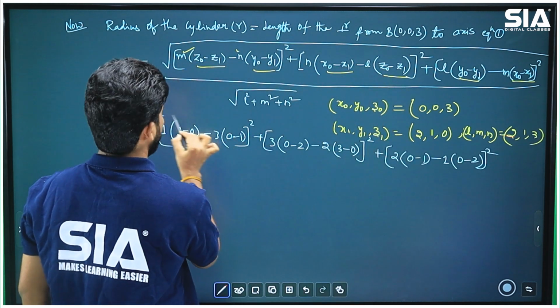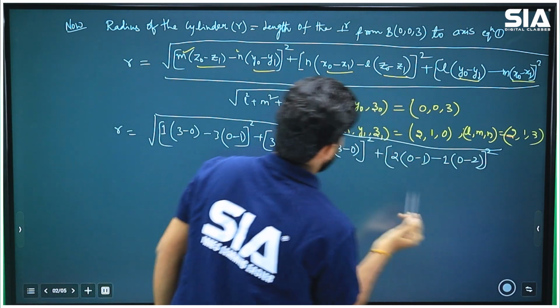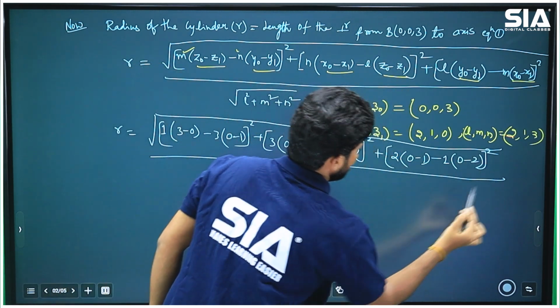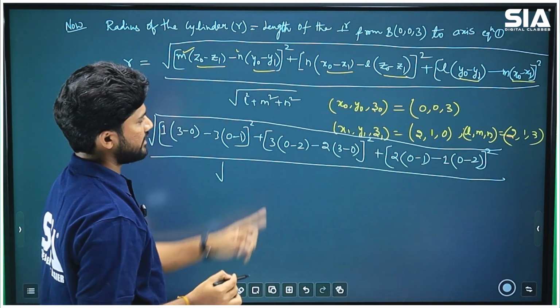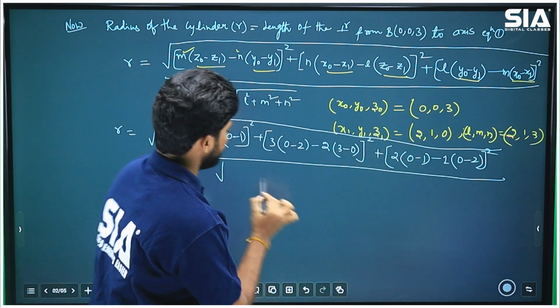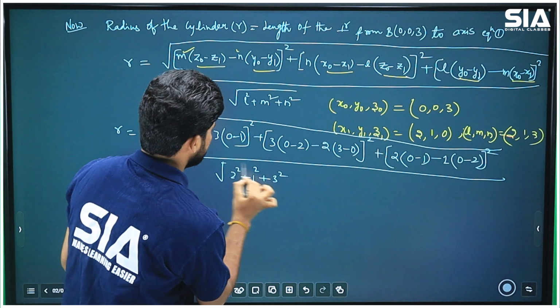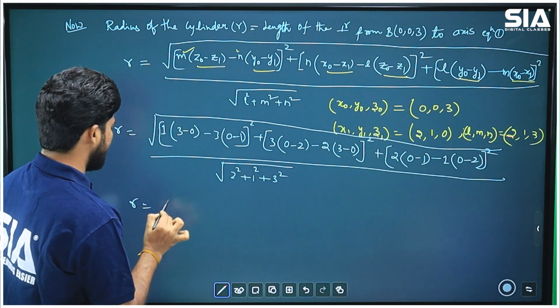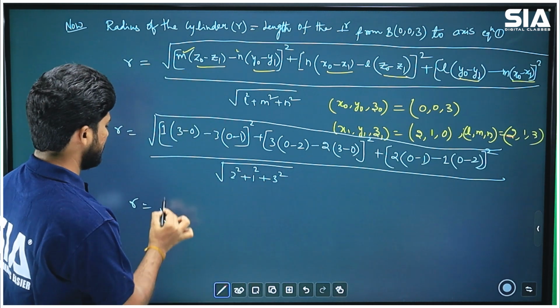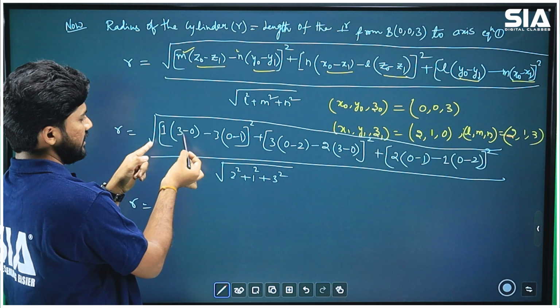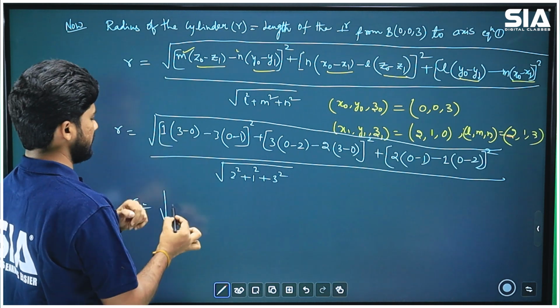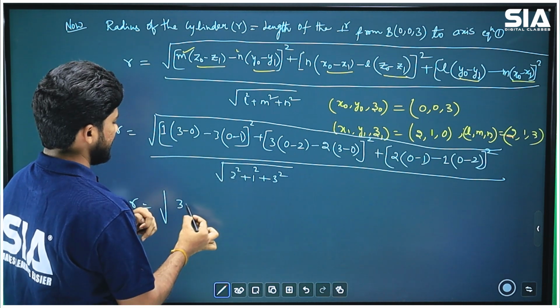So this is the numerator only, all divided by the square root of l square plus m square plus n square, that means 2 square plus 1 square plus 3 square. So therefore small r is equal to, writing directly, 1 into 3 minus 0, 3, 3 into 1, 3, minus into minus, plus 3.